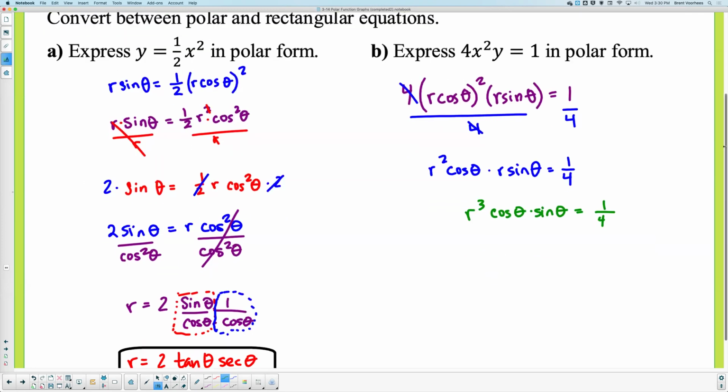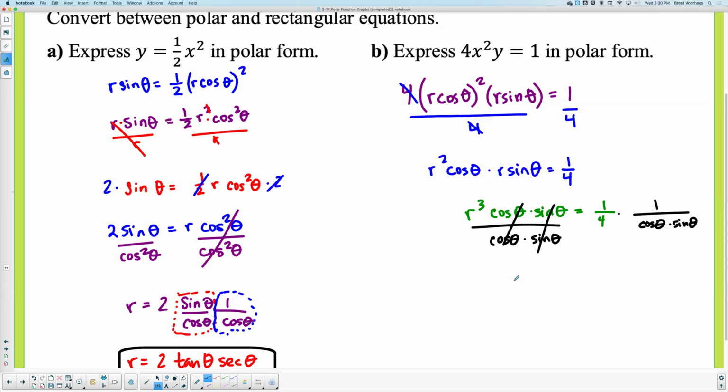And now what I'll do is from both sides, I'm going to divide out that cosine and sine. So I'll put it over 1 like that.